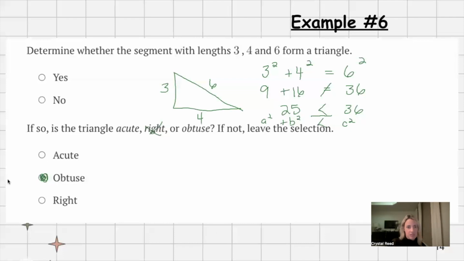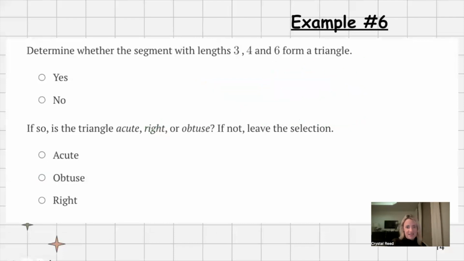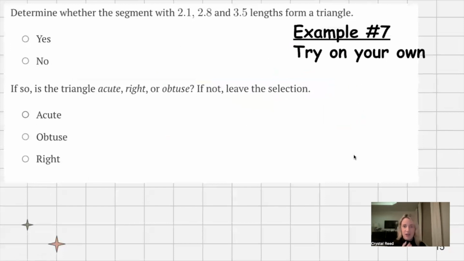All right, I think we have one more quick example here to do. It's very similar, just making sure we solidify this before you try some on your own. This one is a try on your own, so go ahead and pause if you need to. Try this on your own and then come back to the recording and see if you're getting the same answer that I am. So this one says determine whether the segments with 2.1, 2.8, and 3.5 form a triangle. So we're going to draw our triangle here. 2.1, 2.8, and 3.5.